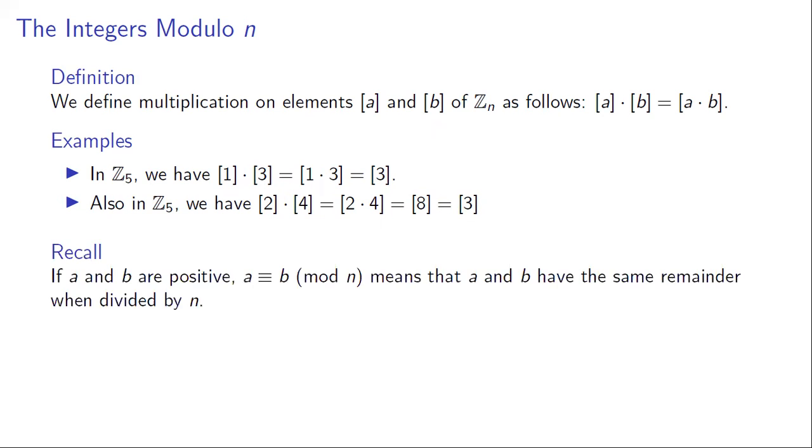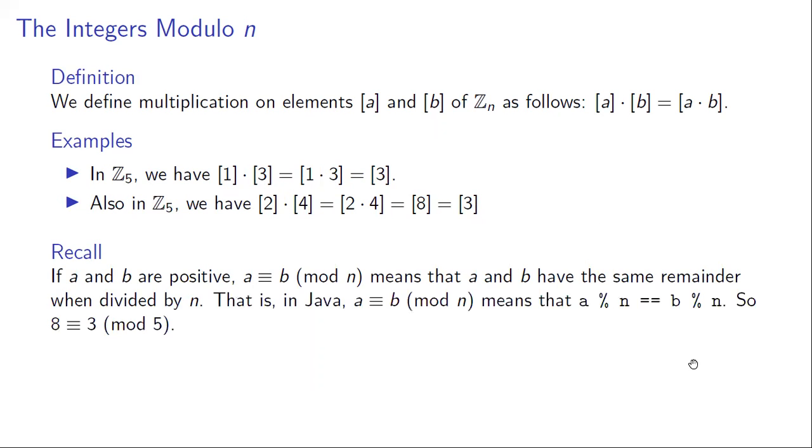How do we know that? The same reason as before. A congruent to B mod n means that A mod n is equal to B mod n. So for example, 8 is congruent to 3 mod 5 because 8 mod 5 is equal to 3 mod 5.